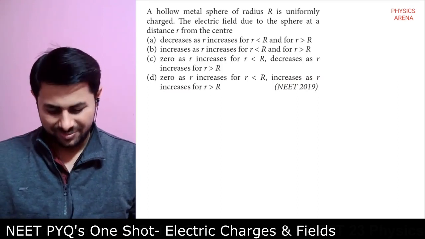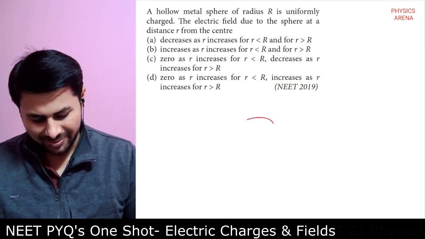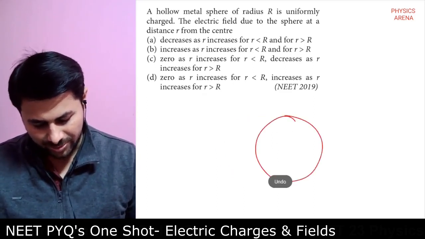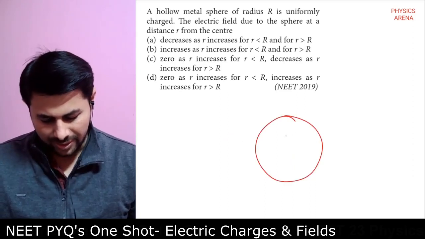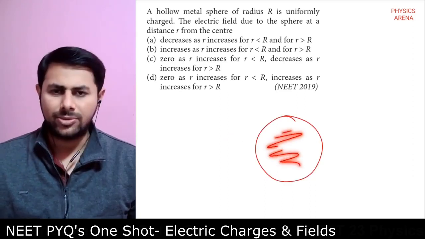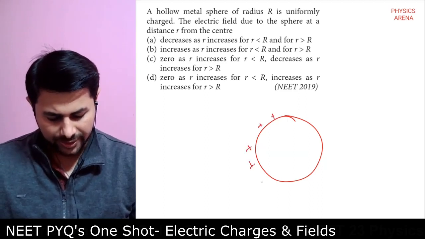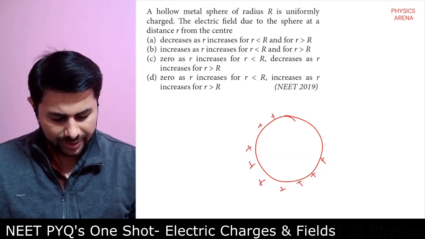Tell me. It's a hollow sphere. So electric field inside the hollow sphere is, I'm sorry, it's 0, right? Field inside is 0.